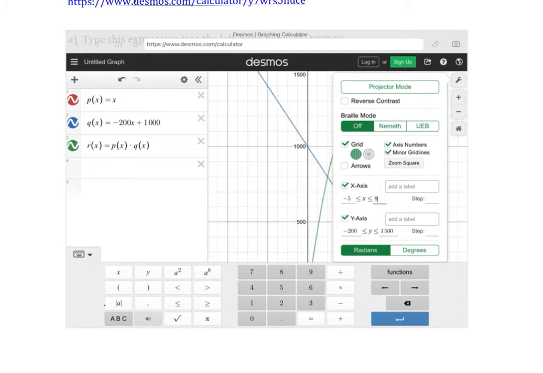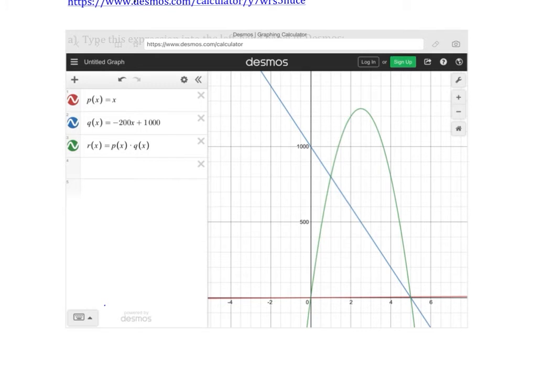Okay, and so now what we see is we have our quadratic, and when we click on it, we can see that we're going to get a couple points here. The first point is this vertex at 2.5, 1250.